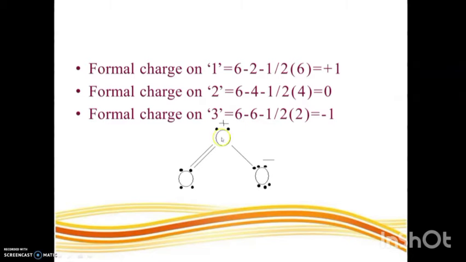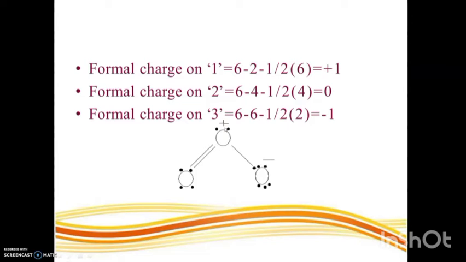Let's see this ozone molecule. We'll calculate the formal charge on the oxygen. What are the valence electrons in oxygen? In its outermost shell, it contains 6 electrons. So for oxygen 1, we take 6. How many bonding electrons are there?